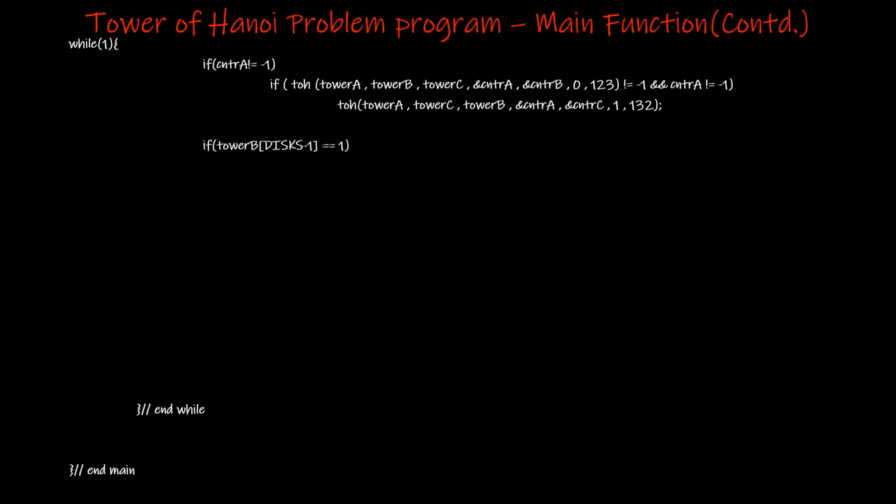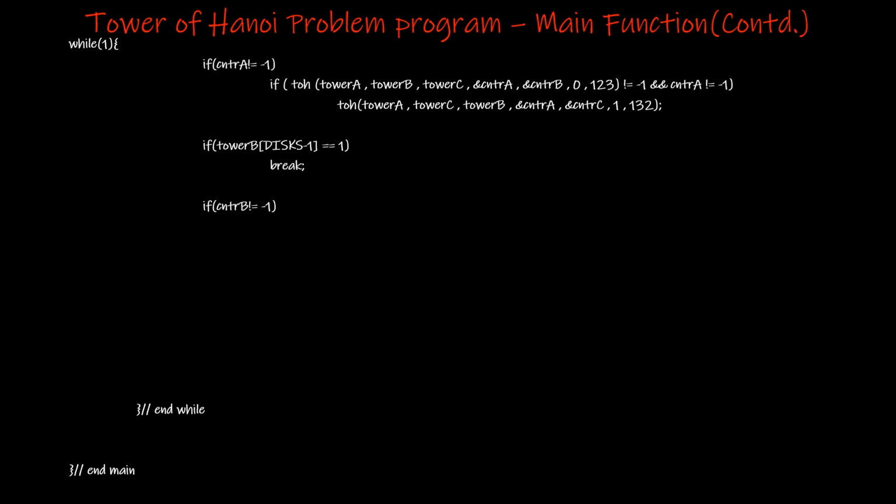Now we have a condition where we check the value at the topmost position in tower B, and if it is 1, it means that we have achieved the final arrangement, and therefore we need not continue with the looping or calling of TOH functions again, and therefore we can stop this loop, and therefore we have the break statement.